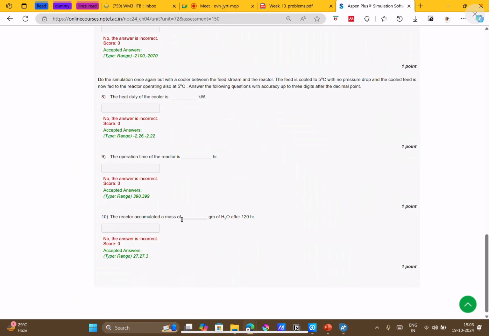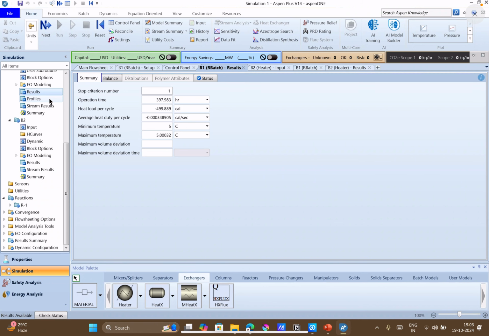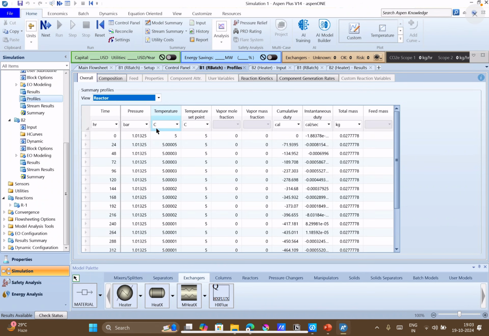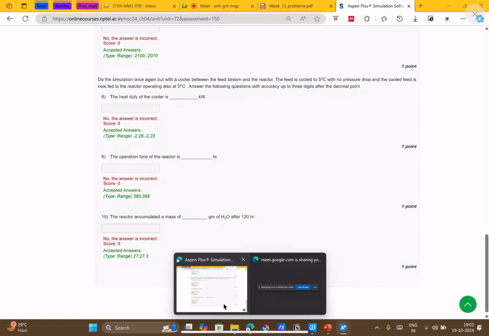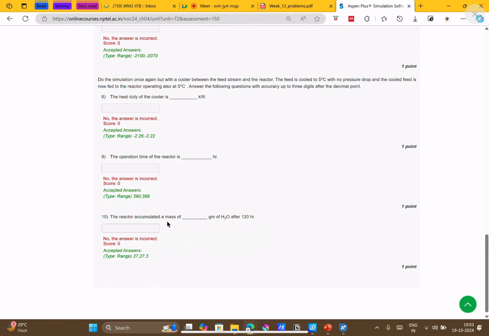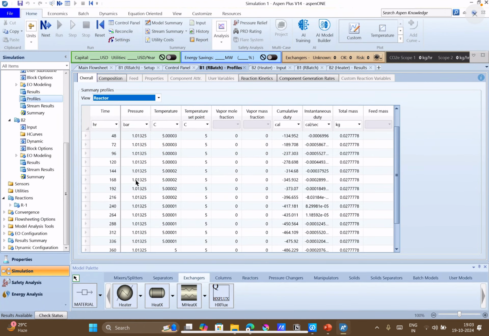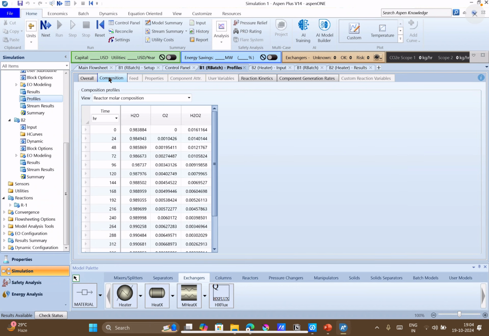The reactor accumulated this much gram of H2O after 120 hours. So for that, let's look into the profiles. We have to look at the reactor accumulated mass of water at 120 hours. So here we have temperature, set point, vapor flow, cumulative, total mass. What else can we add? Composition. Yeah.